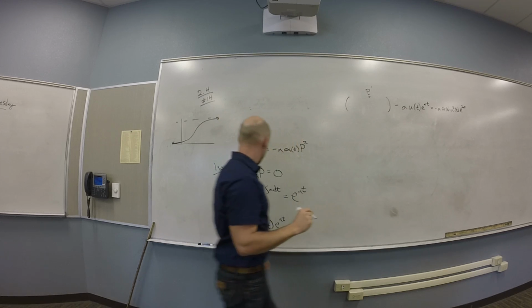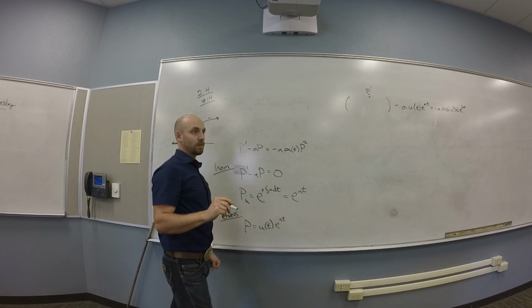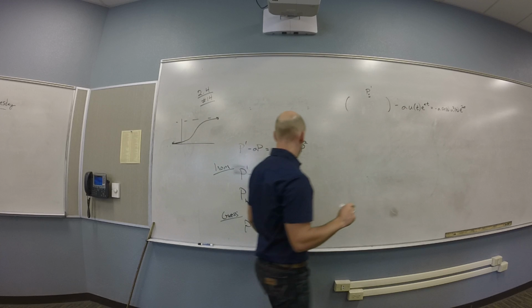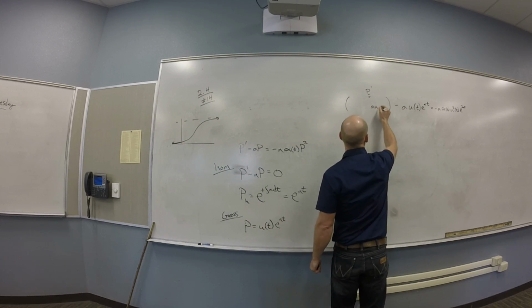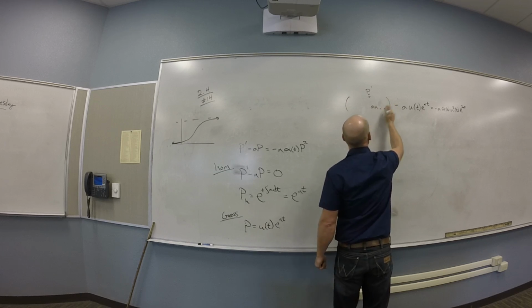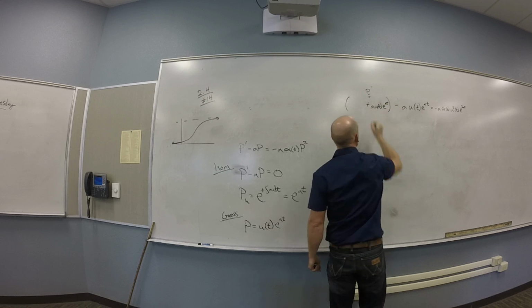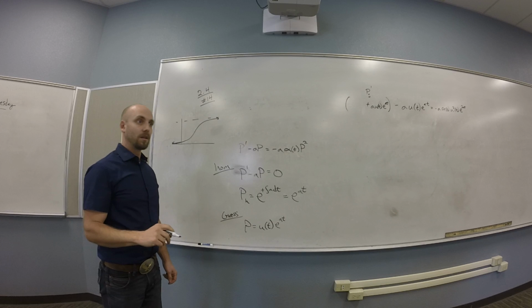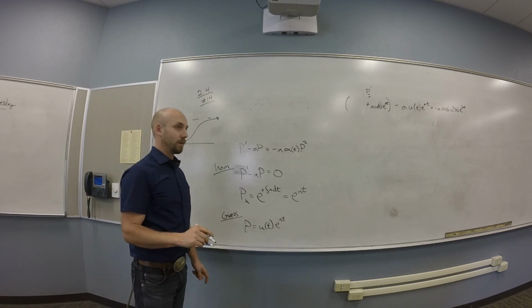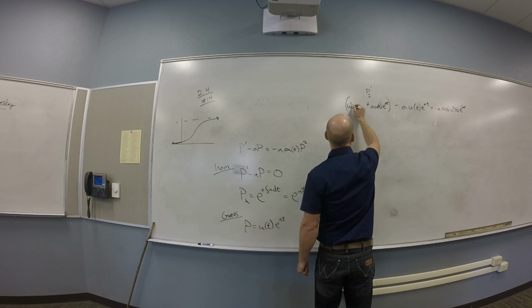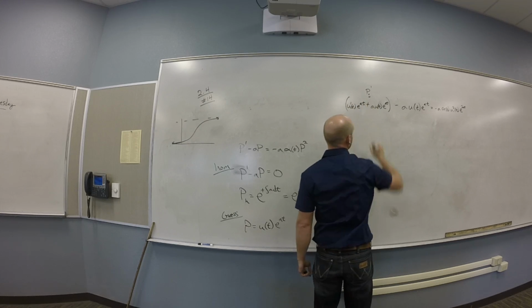Okay, what was p prime? There's an a u e to the at. That's the derivative of the second thing times the first. And the other part should be u prime of t e to the at.